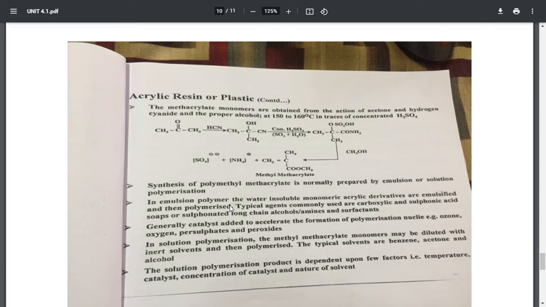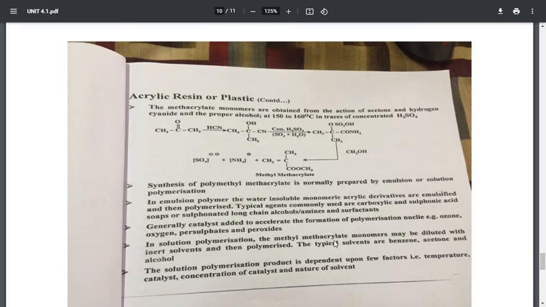Typical agents commonly used are carboxylic and sulfonic acid soaps or sulfonated long chain alcohols, amines, and surfactants. So these are emulsifying agents which are being used. Generally, catalyst is added to accelerate the formation of polymerization nuclei. Examples: ozone, persulfates, peroxides and oxygen.